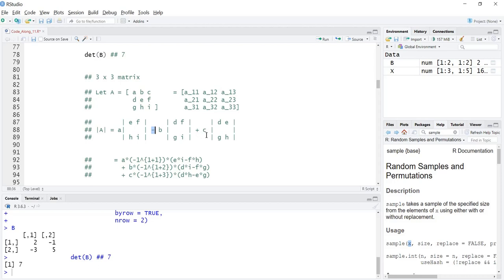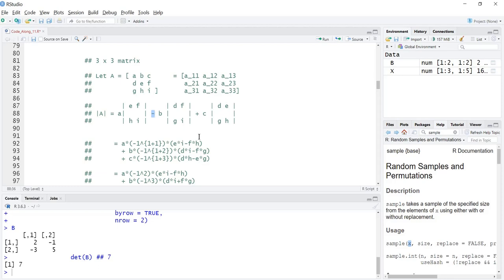A lot of textbooks will just do it this way, but I can use any row or any column to calculate the determinant using this same method, and I get the same answer.